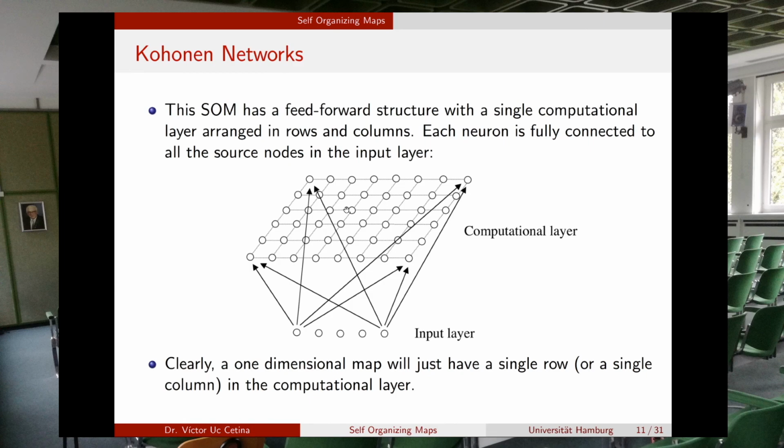But for a specific task, you will need to run experiments to see what is better for your problem. So you cannot say from the beginning that a 2D will be better than a 1D. But usually what people tend to implement is a 2D map.